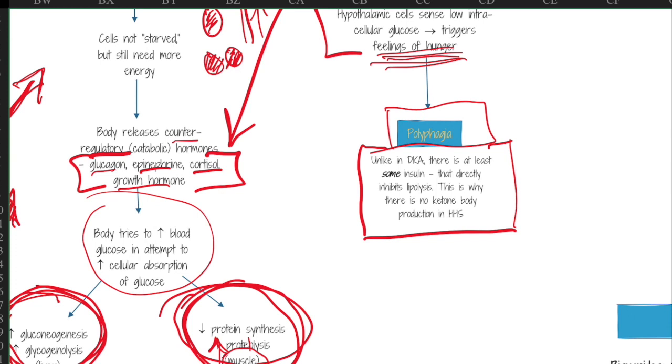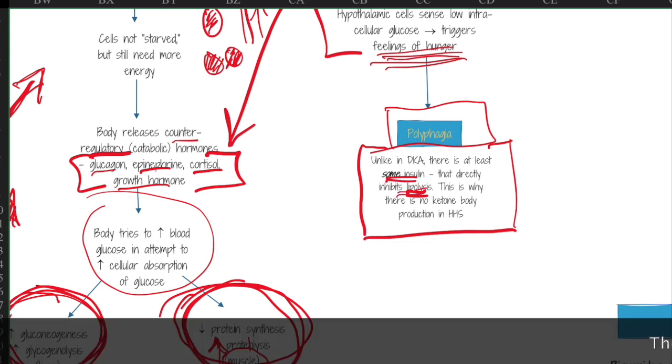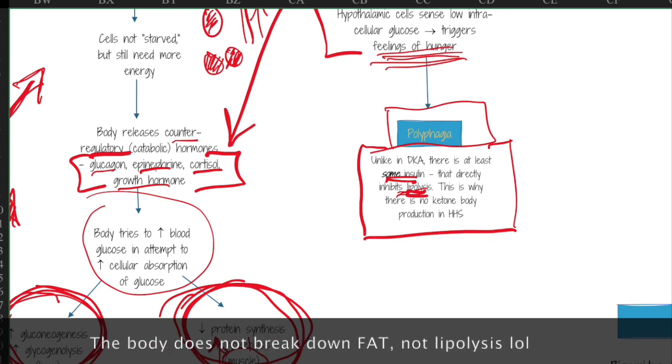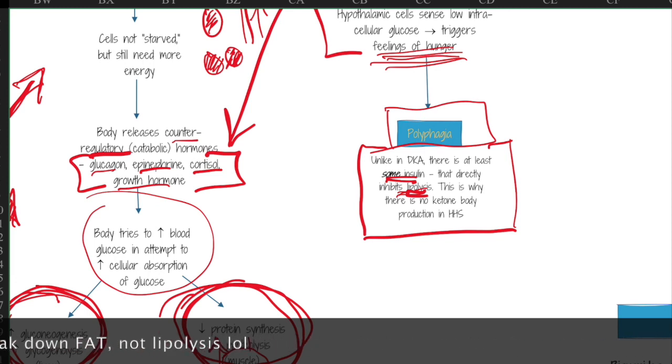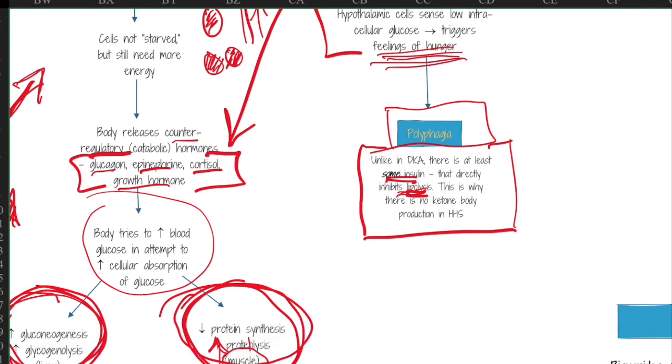It's called lipolysis, remember? Because in HHS there is still some insulin, the body does not break down fats. It's not because the body is not still triggered to break down fats. It thinks it doesn't have enough glucose, and so it's going to go after those fat cells and try to break them down.